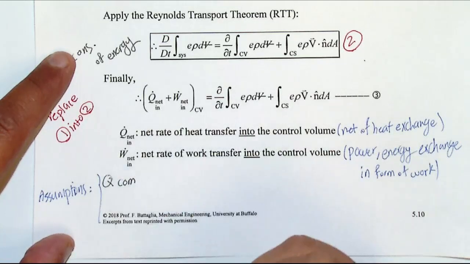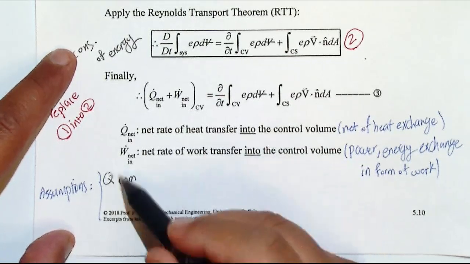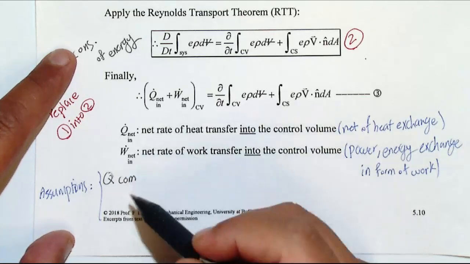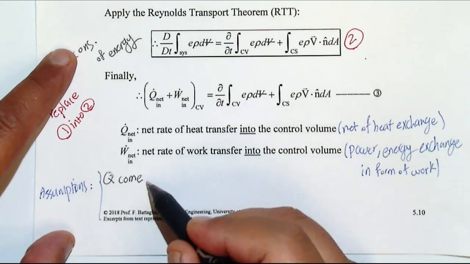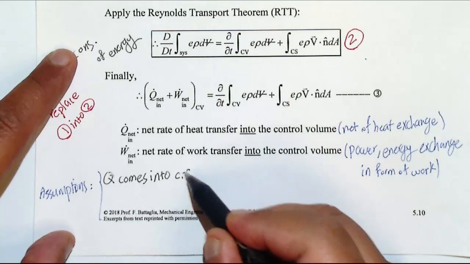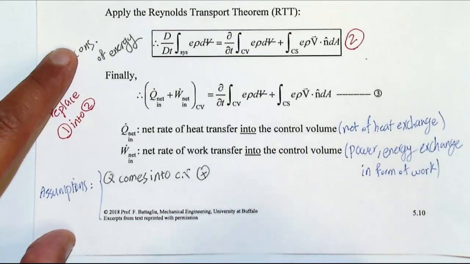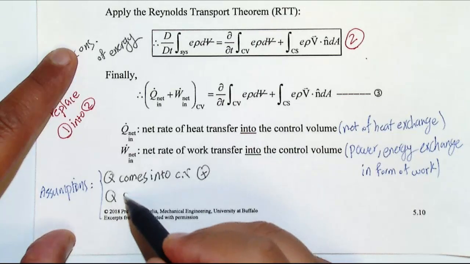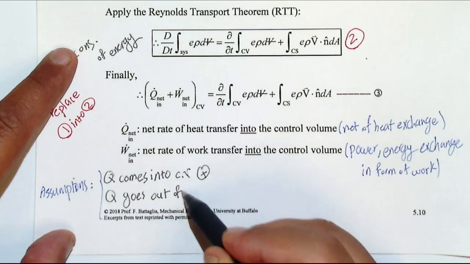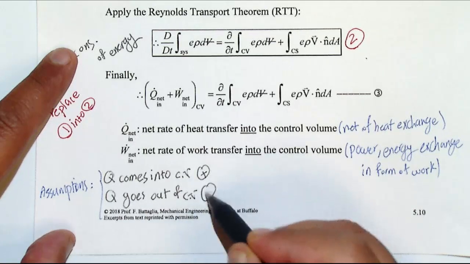So we are talking about the energy in terms of total energy, but it could also be the rate. The Q that comes into the control volume is considered positive. The Q that goes out of your control volume is negative.